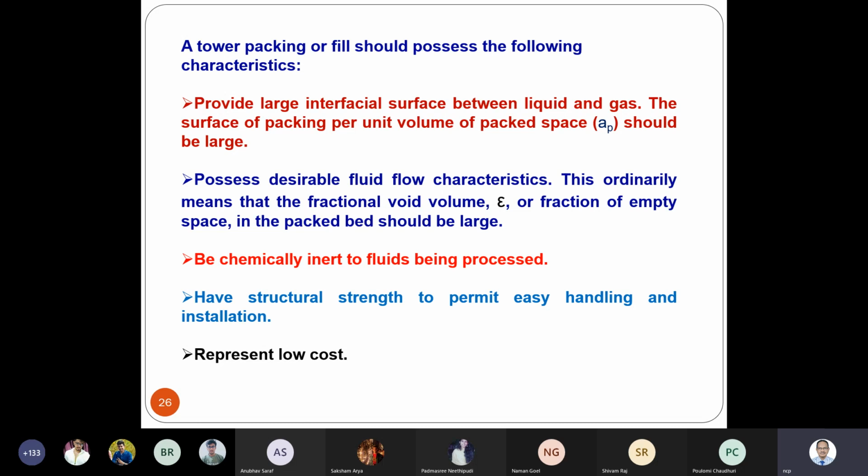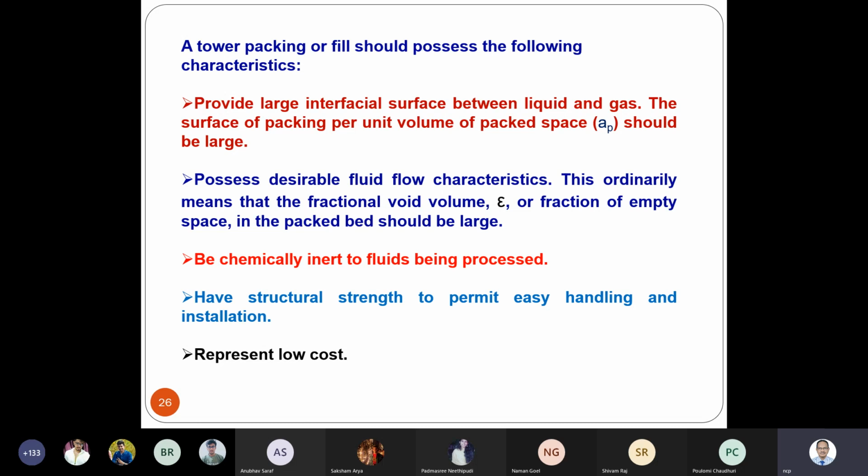This volumetric surface area per unit volume of the packed space should be large, so that we'll get very good mass transfer with that packing.